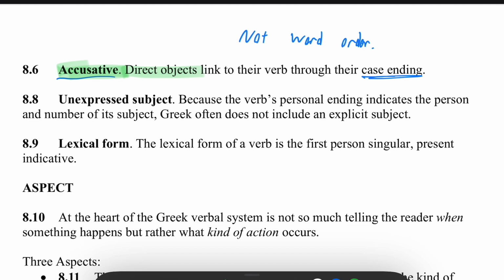Also, something that's really important, unexpressed subjects. So in English, we really need to have subjects in most cases. However, in Greek, much like Spanish or French, because of the inflection of the verbs and those personal endings, and the fact that that's actually already indicating person and number, Greek often does not include an explicit subject because that's already bound up in the verb itself.